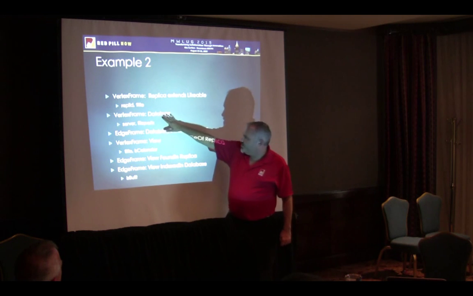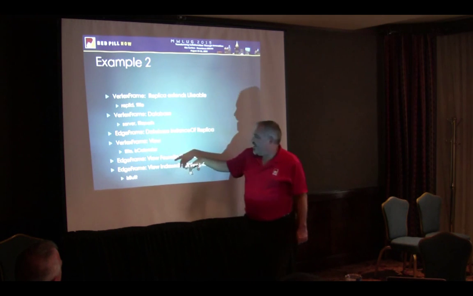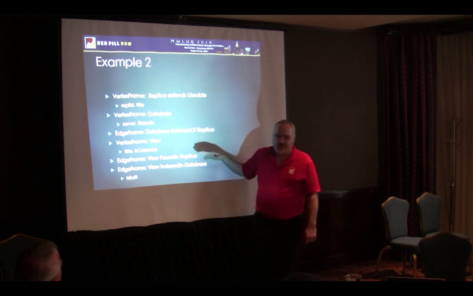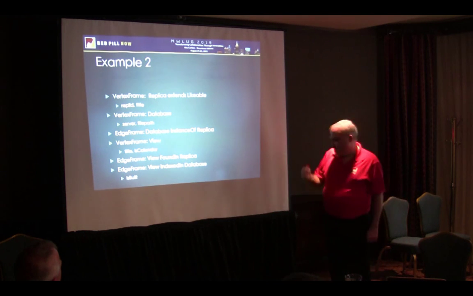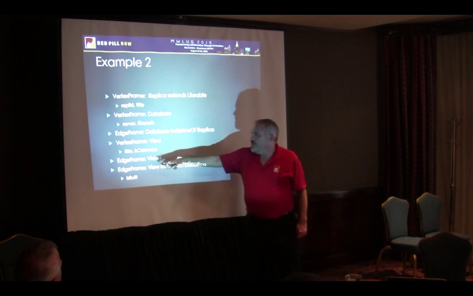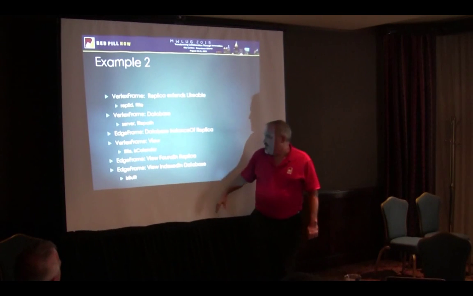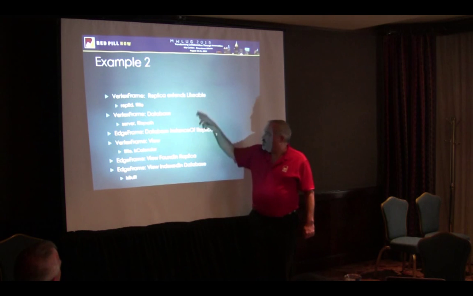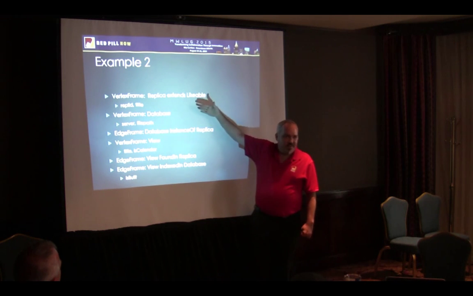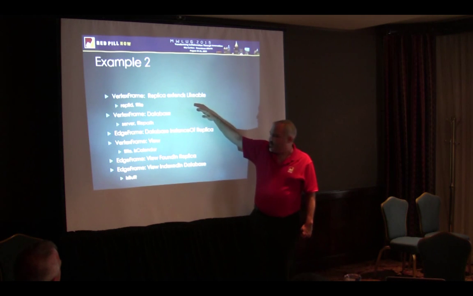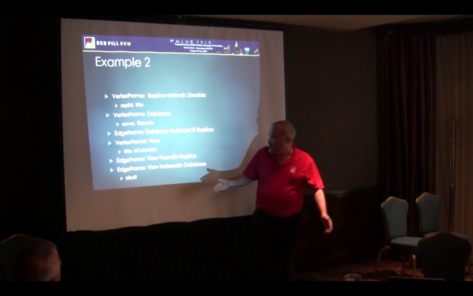We have another vertex called database that has server and file path, and then there's a relationship between a database and a replica indicating that that database is an instance of the particular replica. We have another type of vertex called a view, which has properties like whether it's a calendar, and there's a relationship between the view and the replica indicating that this view is defined in this replica. That's where the view design node is, so you know it's in all instances.